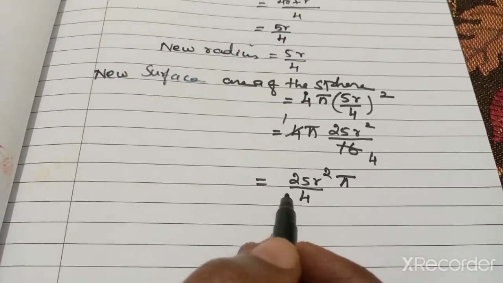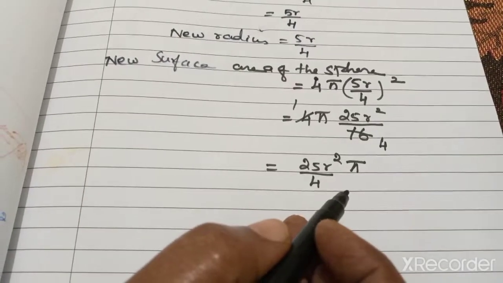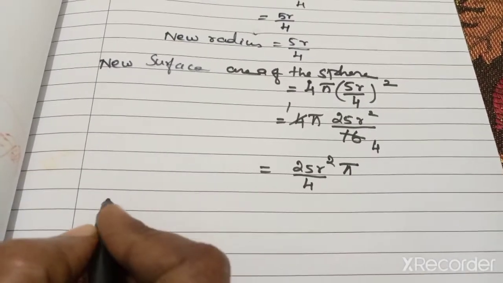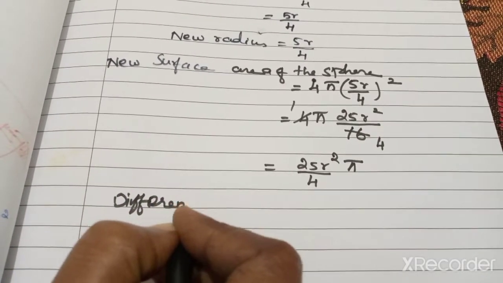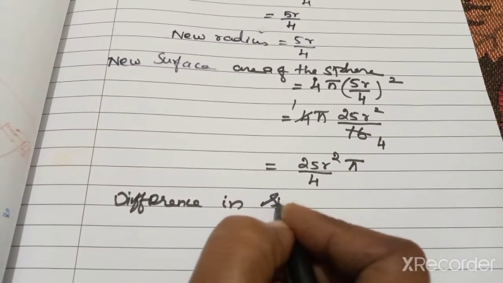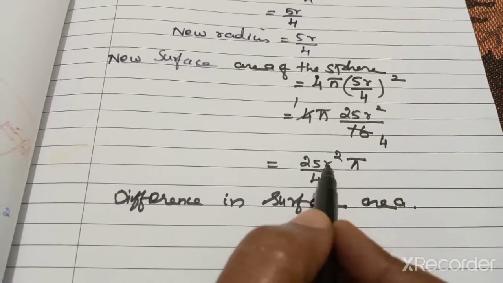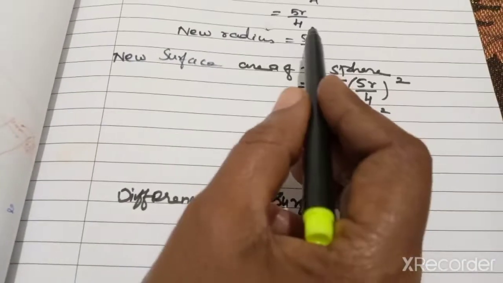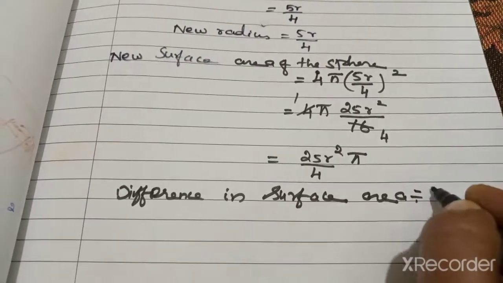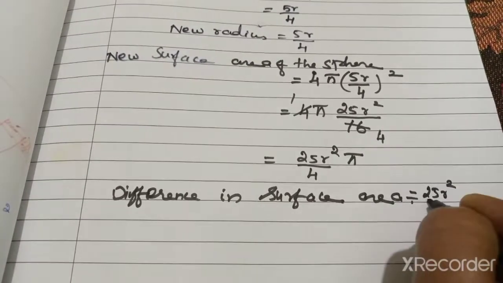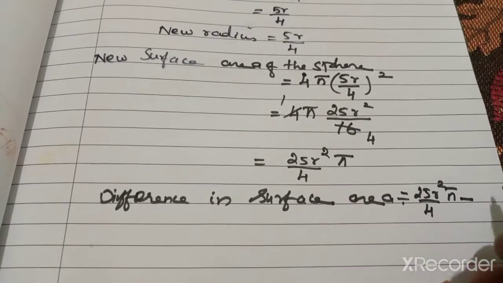Now we have to find the difference in surface area, to get the percentage increase. How to find the difference? We have to subtract the original surface area from the new surface area. Which is equal to 25r square by 4 pi minus initially there is 4 pi r square.